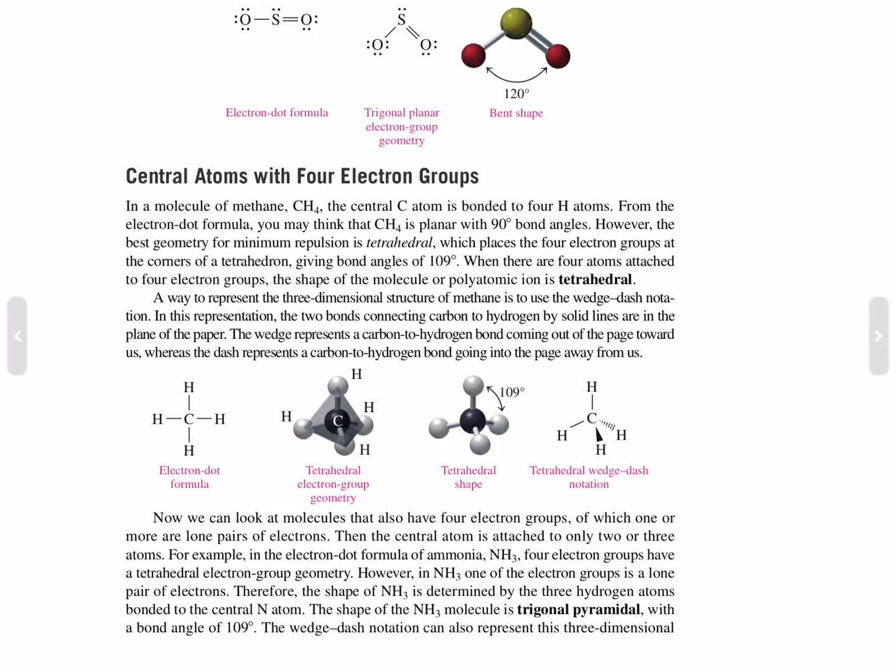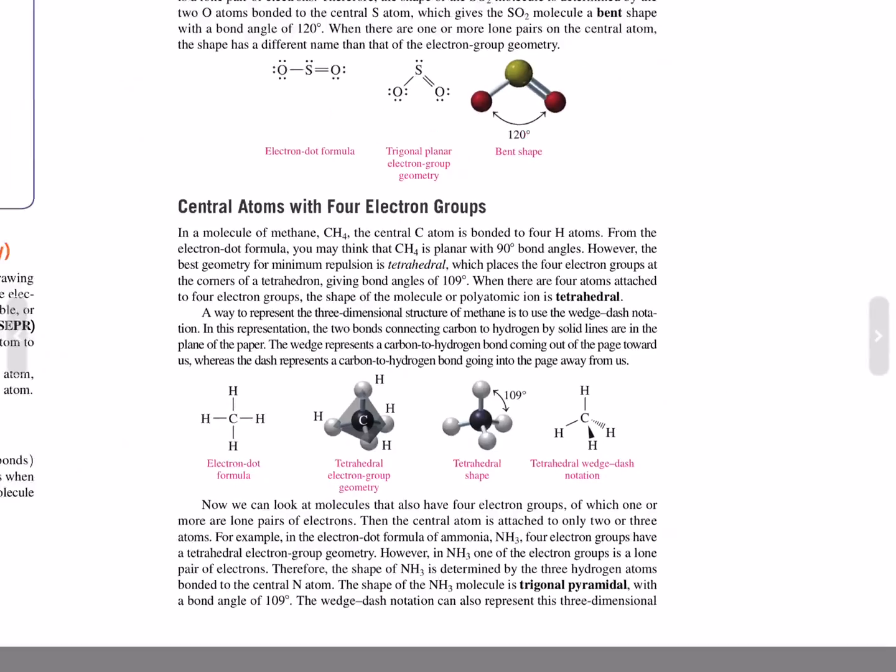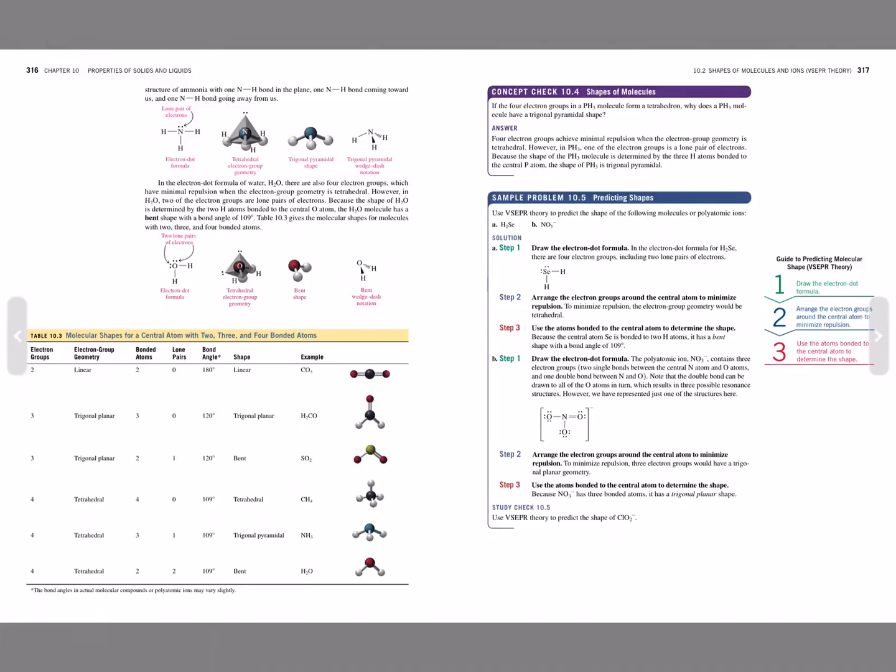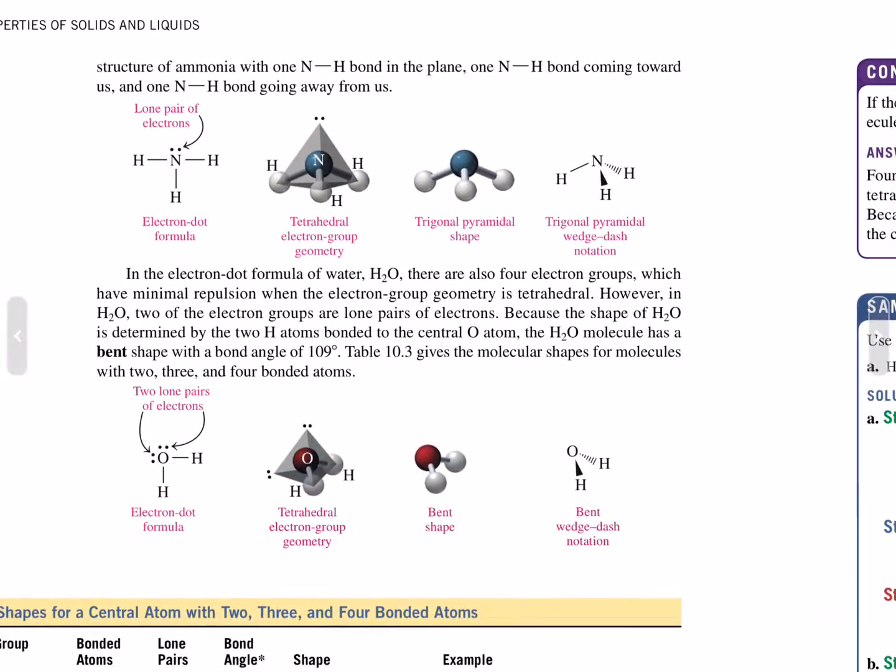Therefore, the shape of ammonia is determined by the three hydrogen atoms bonded to the central nitrogen atom. The shape of the ammonia molecule is trigonal pyramidal with a bond angle of 109.5 degrees. The wedge-dash notation can also represent this three-dimensional structure of ammonia, with a nitrogen-hydrogen bond in one plane, one nitrogen-hydrogen bond coming towards us, and one nitrogen-hydrogen bond going away from us.